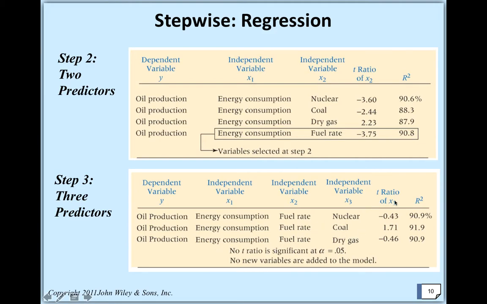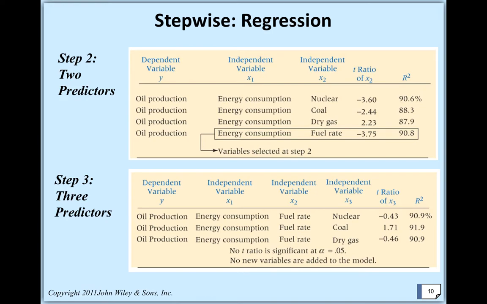When we check the significance of these newly added variables, if any of them are significant, we would pick the highest significant one, and check to make sure it also has the highest R-square of the model. But if you were to actually try this, you would find that none of these are significant. The p-values are all over 0.05 for the newly added variable. So no new variables will be added to the model.